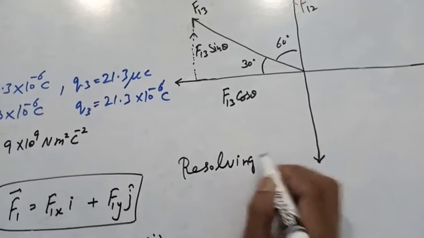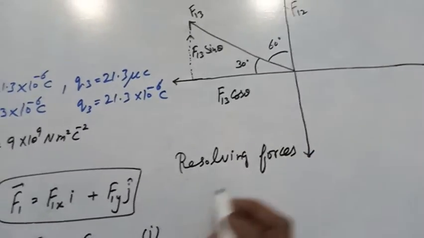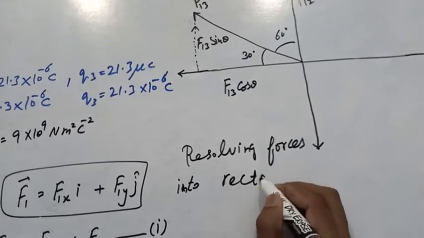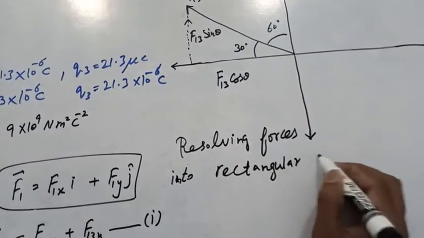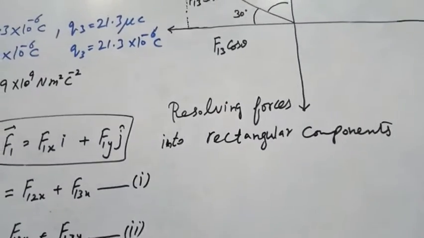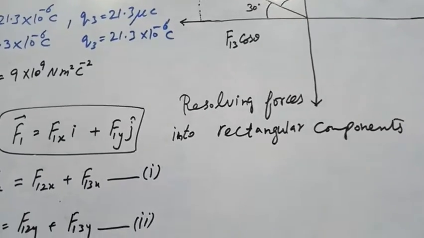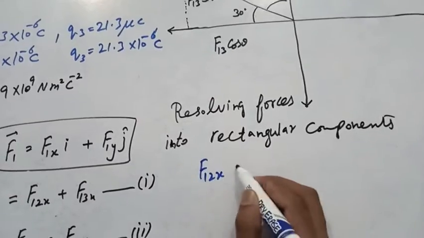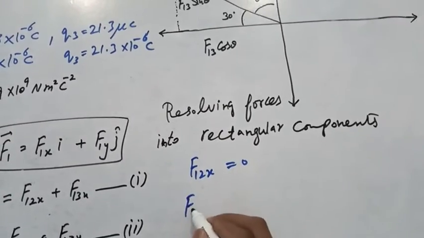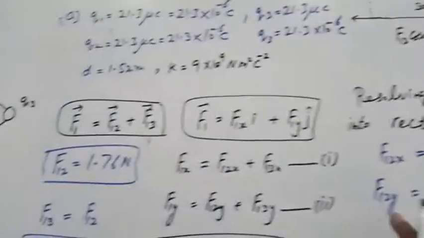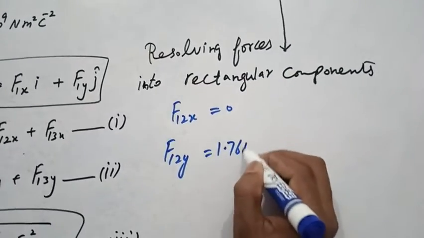Resolving forces into rectangular components, the x component of force F12 is 0 and the y component of force F12 is the same as the magnitude of force F12, that is 1.76 newtons.